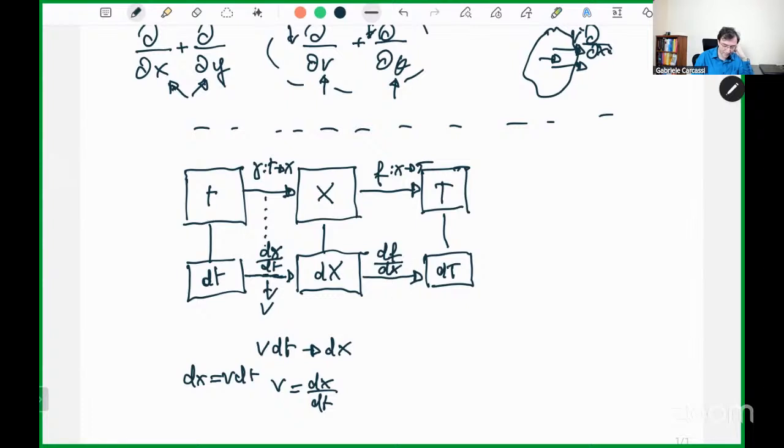And if we write it in components, this is just going to be the gradient of the temperature, the gradient of f. Because if we give this a displacement, then we get our displacement in temperature.